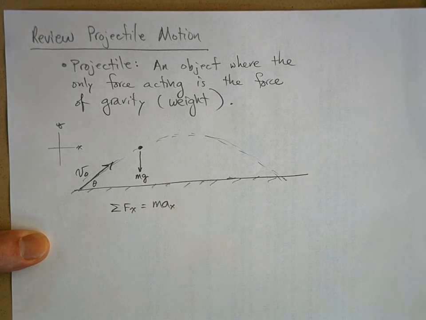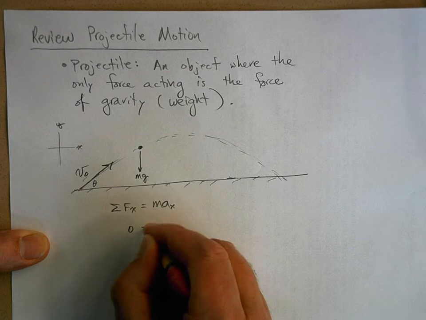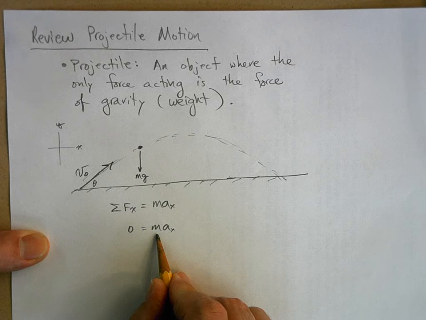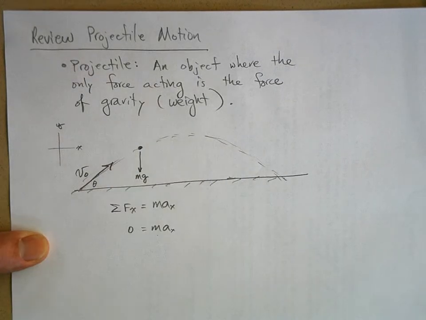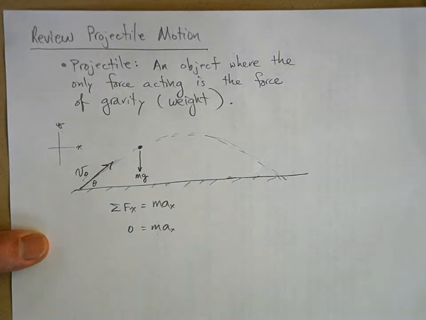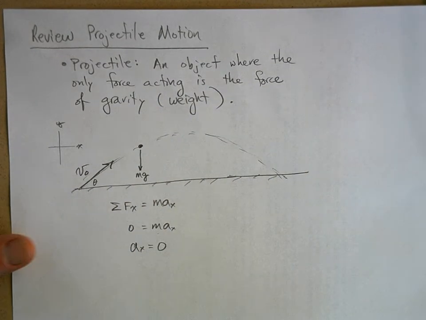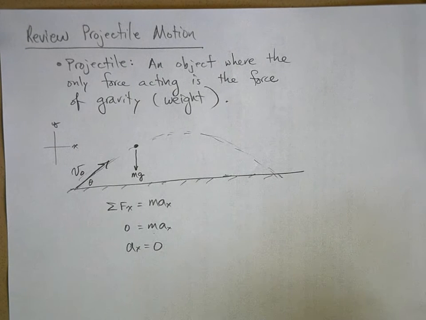What does that mean? 0 equals ma in the x direction. Is the mass 0? No, the football has some mass. So what must be 0? a in the x equals 0. So if you have a projectile, there is no acceleration in the x direction.